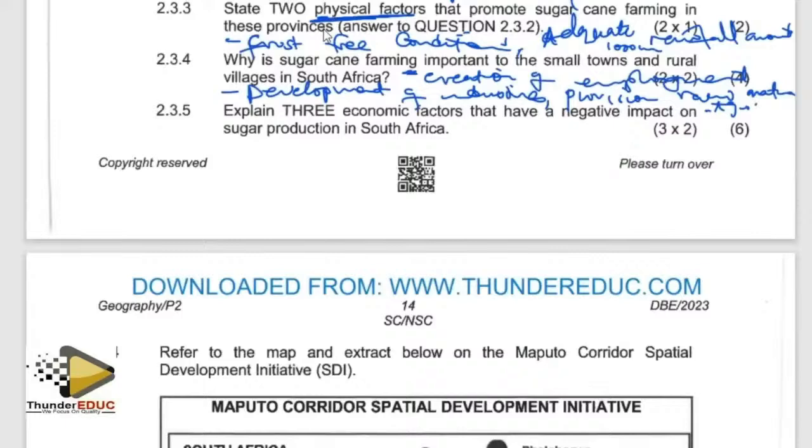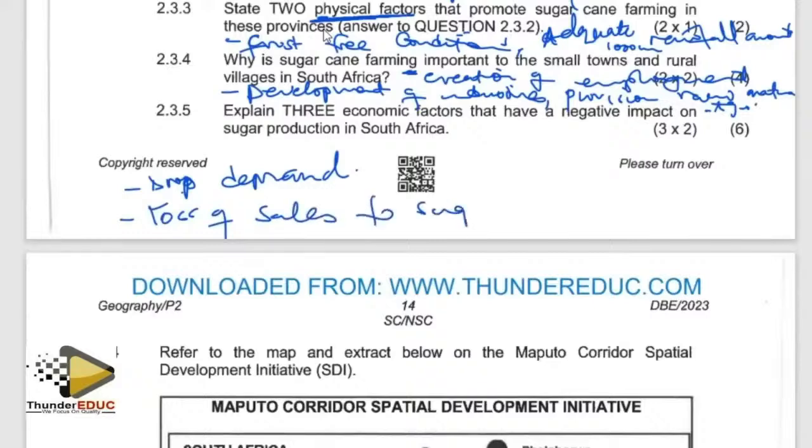So those economic factors, first of all, we have a drop in demand according to the extract, a drop in demand for sugarcane in Southern Africa. That means that is economic. There is no demand. Then you also look at aspects like loss of sales due to the sugar tax.